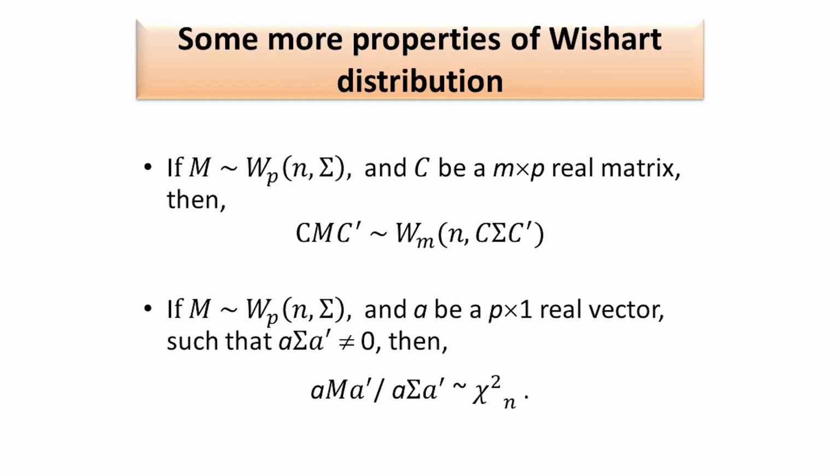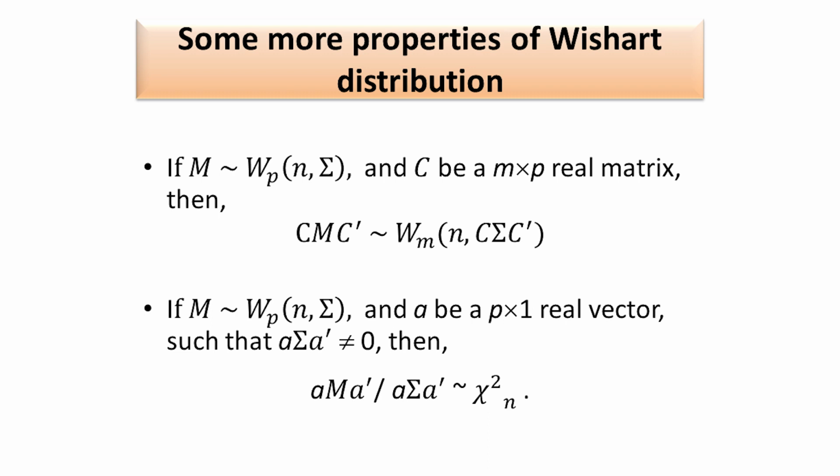Now suppose M is distributed as Wishart P n sigma and C is any real matrix of order m into P. Then CMC prime is distributed as Wishart m with degrees of freedom n and scale matrix C sigma C prime.